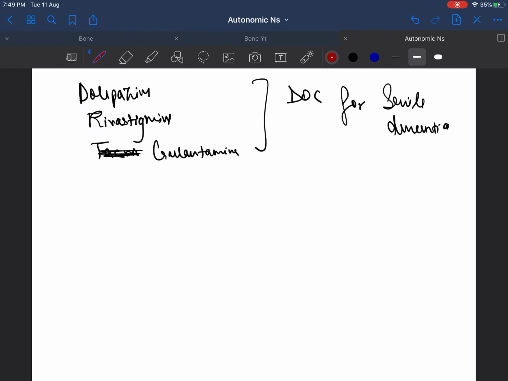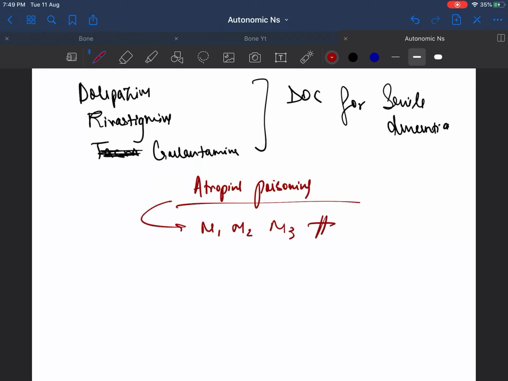One more very important thing is that in cases of atropine poisoning, atropine will lead to what? Muscarinic blockade, M1, M2, M3. The person will have anticholinergic effects like blurring of vision, retention of urine, etc. To increase ACh, you have to give what?